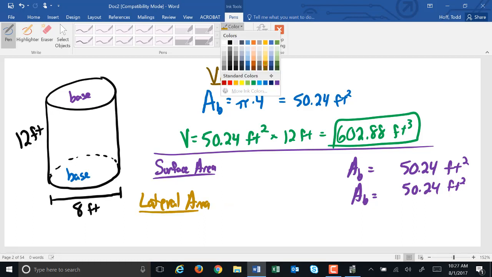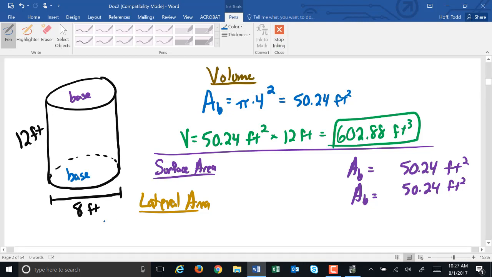How do we find the perimeter of the base? It's going to be a circumference. So pi times 8, pi times diameter. So 25.12 feet.